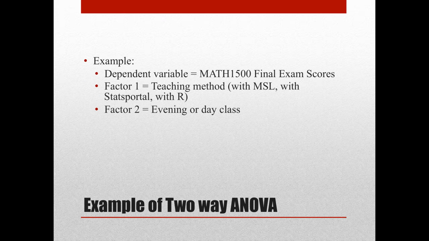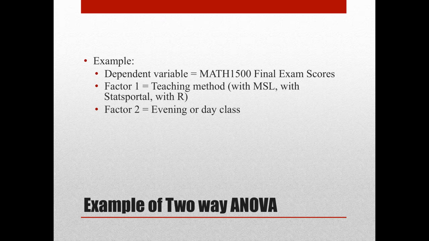So, example, let's stay with the dependent variable being Math 1500 final exam scores. Factor 1 being the teaching method, as we talked about before. And maybe there's some reason that we feel that some of the difference in these final exam scores may be contributed to whether it's an evening or day class. Evening classes, although not across the board, typically have kind of non-traditional students.